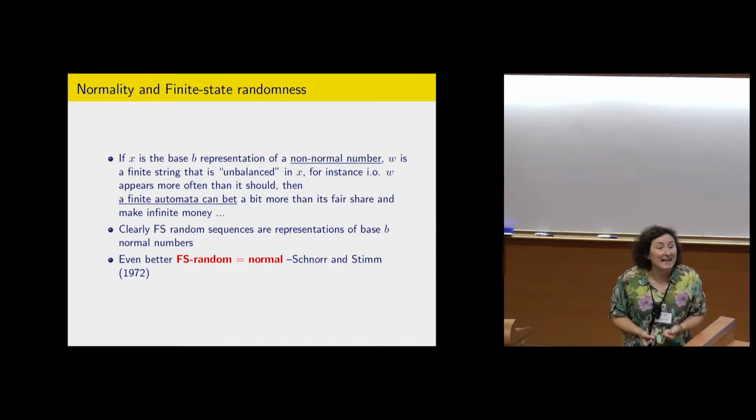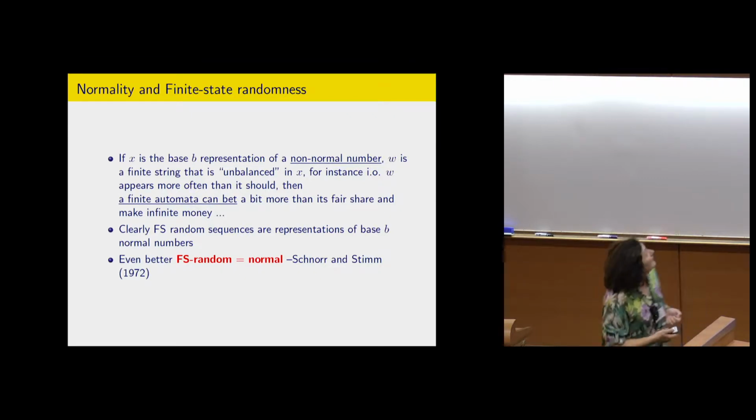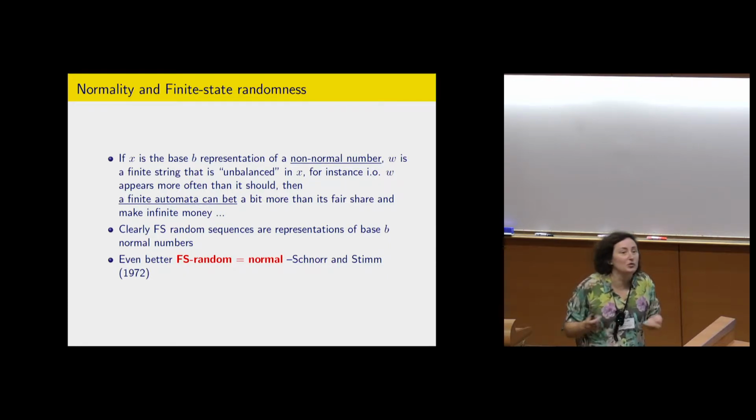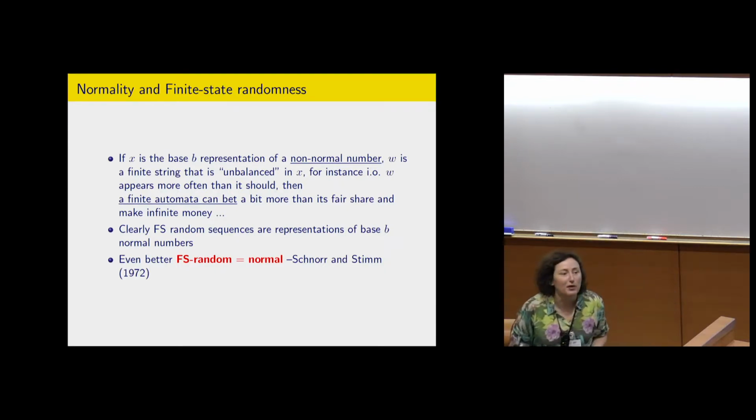Okay, why finite-state randomness? Because it coincides exactly with normality. This is known since 72 at least by Schnorr and Stimm. They already realized that finite-state martingales define normality. So, well, this is just an explanation that somehow you see that if the statistics are not right, so if you have a particular finite sequence that appears too often or not enough, it's kind of easy to see that a finite-state automaton would be able to trace this and bet on it and make profit on it.